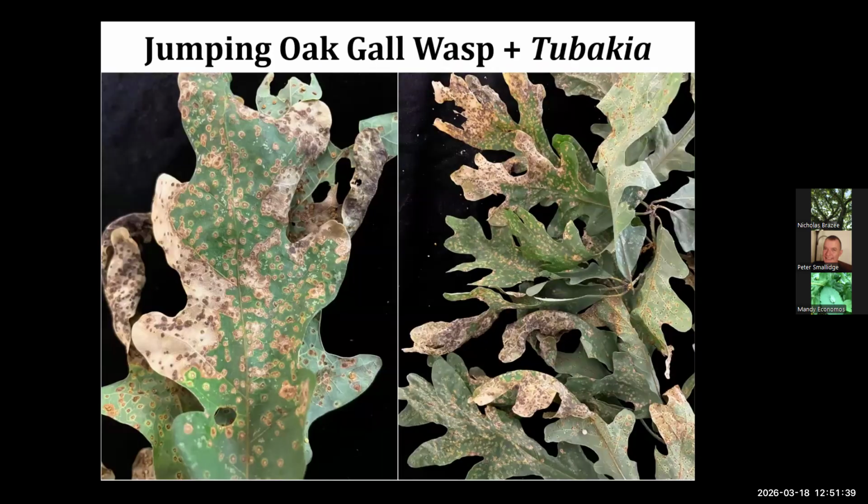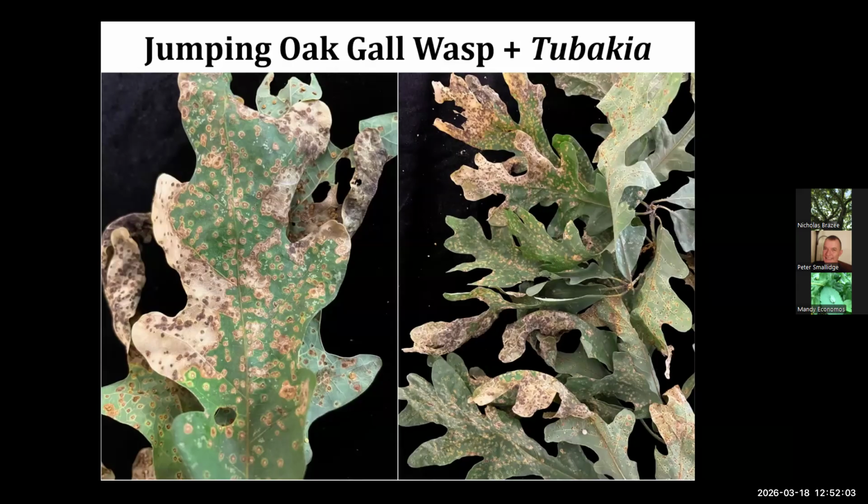This is an interesting example of a co-occurrence of insect and disease. Jumping oak gall on white oak produces these circular spots that are orange brown in color, and on the underside, there's a little gall that the gall wasp larvae are developing in. Some years, white oaks will just be tattooed with gall wasp leaf spots.